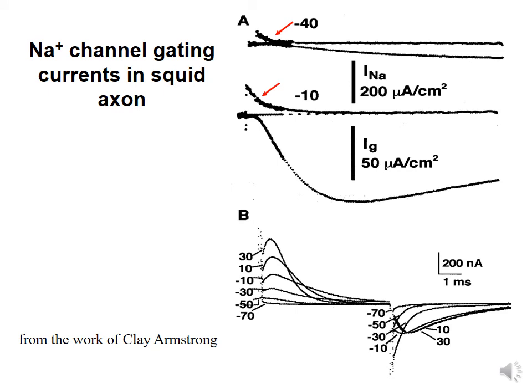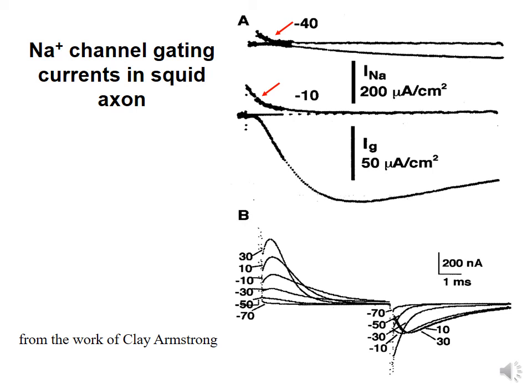So with very careful experiments, actually some investigators were able to measure these gating currents. The first thing to do to measure those gating currents is to remove the ionic currents, so the currents generated by the movement of ions through these ion channels. So for example, if you are measuring gating currents for sodium channels, you could block the ionic currents using tetrodotoxin.